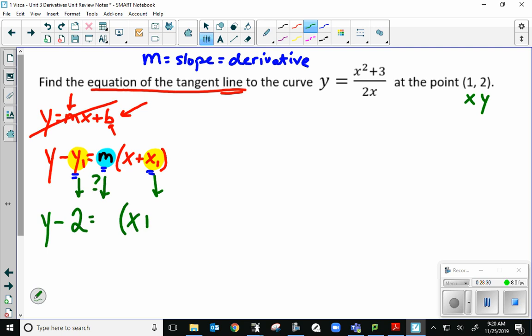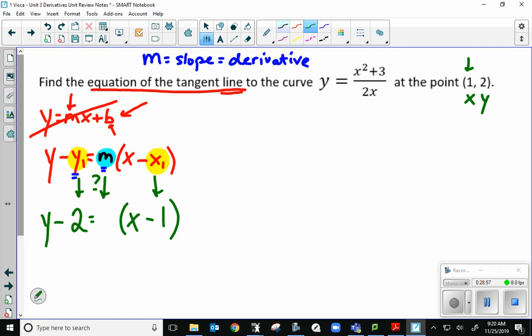Times x plus, I'll be okay. Some of you guys that know math could have called me out on that. That's a minus x1. Let's do our highlight right there. Which means that's minus my x value, which is 1. The only thing I need is my slope.